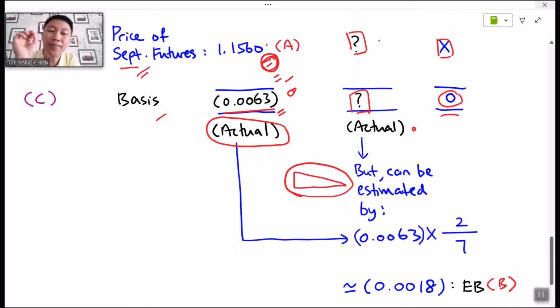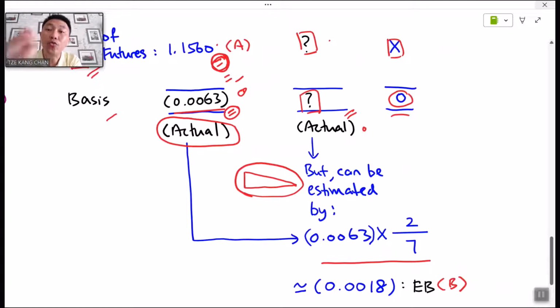With this assumption, the following formula will be used to derive and estimate what is the estimated basis on 1st August. Given that with the 7 months timing differences, the basis as shown earlier was negative 0.0063.